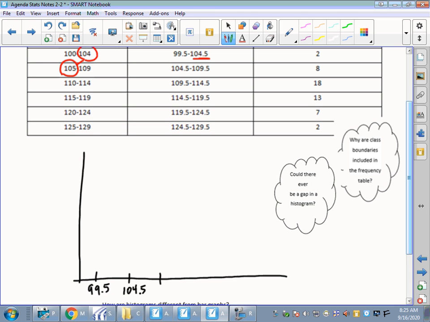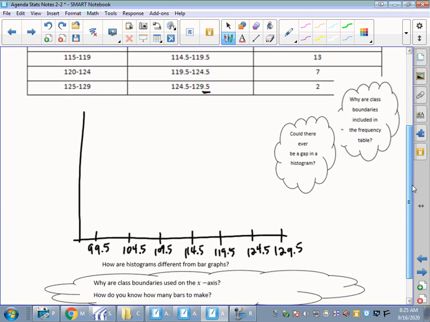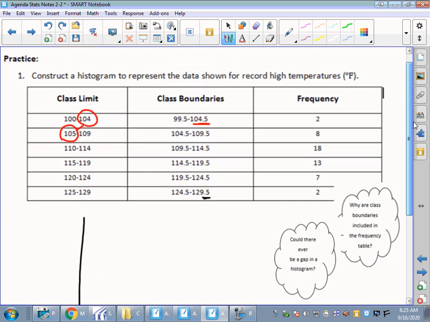104.5, 109.5, 114. Bear with me. I got this 124.5. I need one more to finish my last bar. Don't forget to use that 129.5. So that is my, does it say?